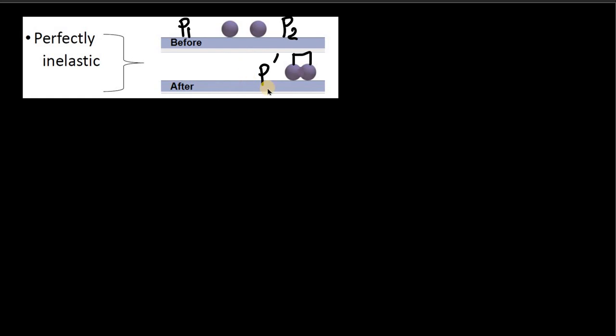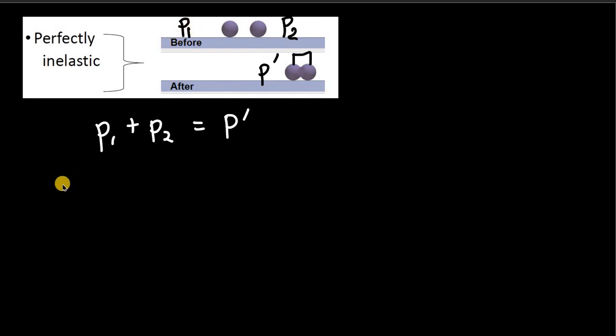It's neither P1 nor P2, but P prime. So here we will have P1 plus P2 equal to P prime, because this is now an object that is sticking together, combined.